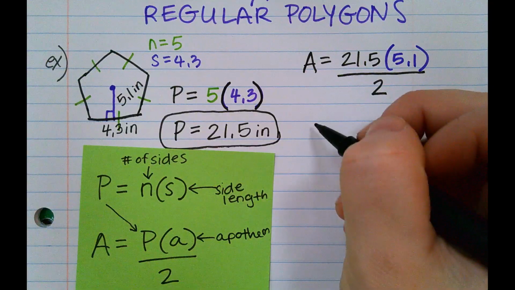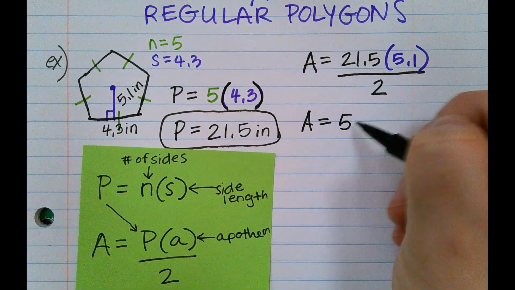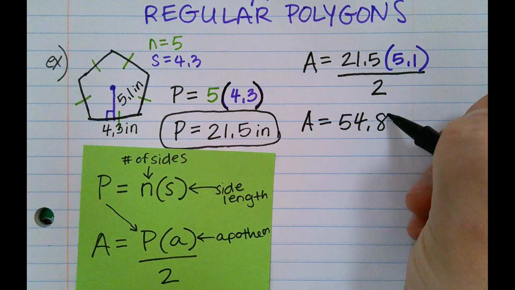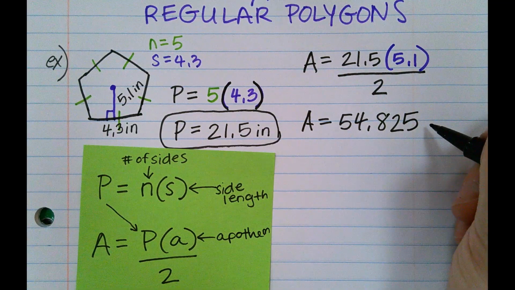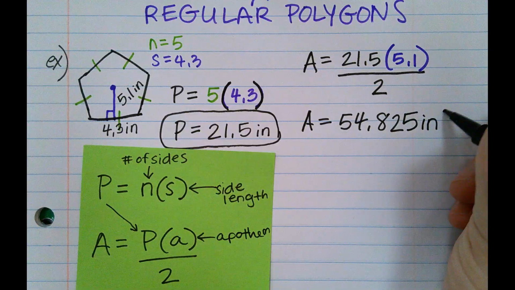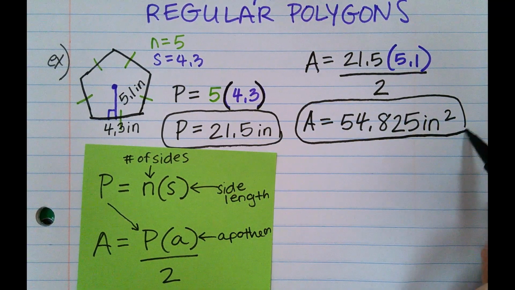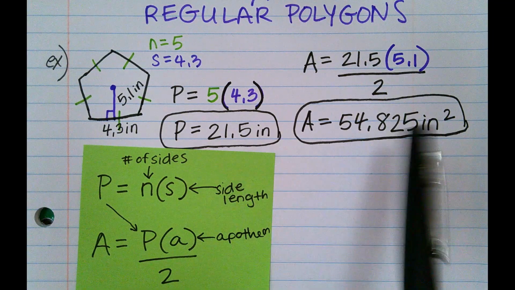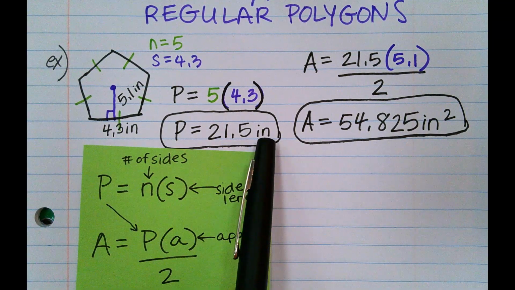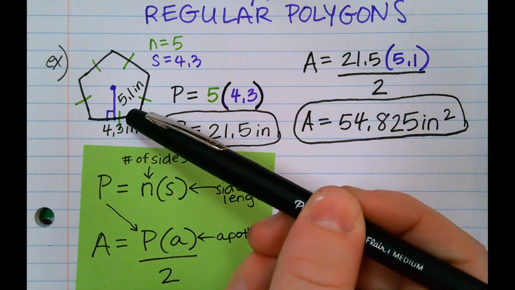So our area equals 54.825. What are my units? Inches squared. Good. And the other thing that we can think about when it comes to the units: perimeter, we're only measuring in regular inches because we're measuring a line.